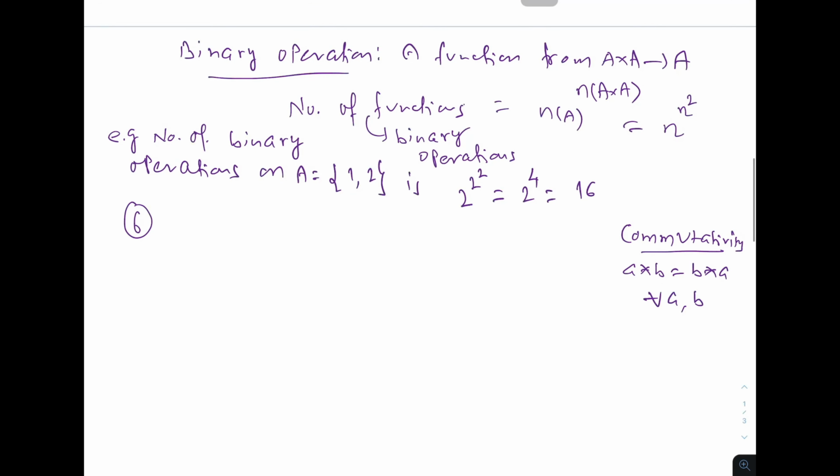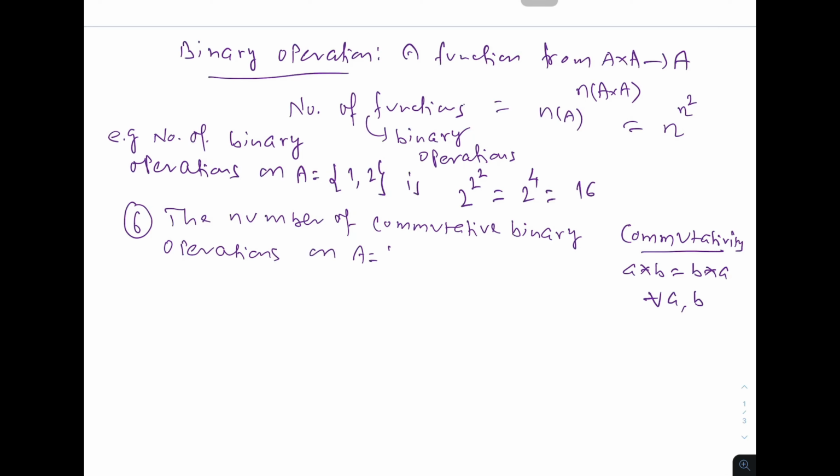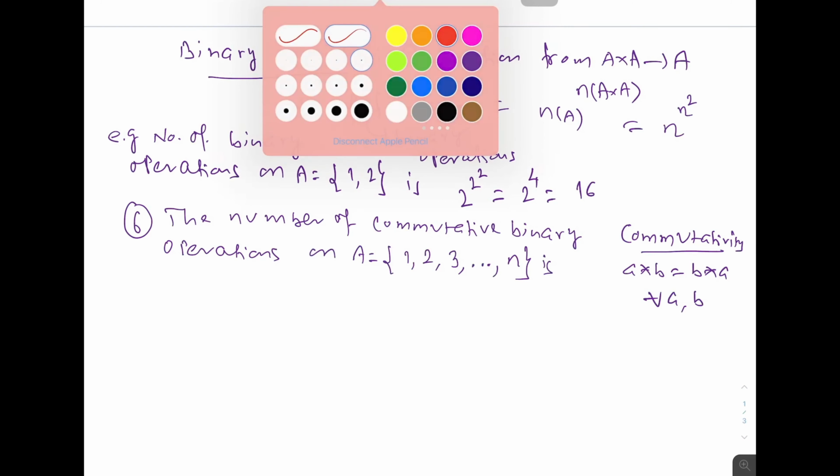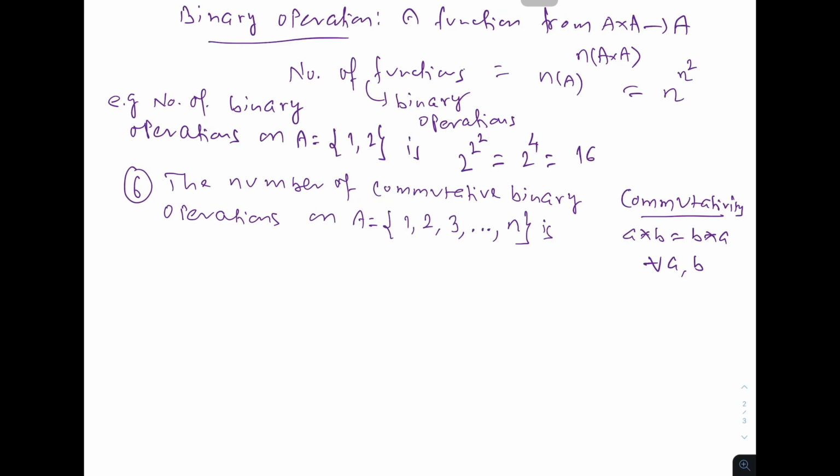So the question is, the number of commutative binary operations on say A equal to {1, 2, 3, and so on}, say n elements, is, now again you remember this result, number of commutative binary operations is n to the power n into n plus 1 by 2.